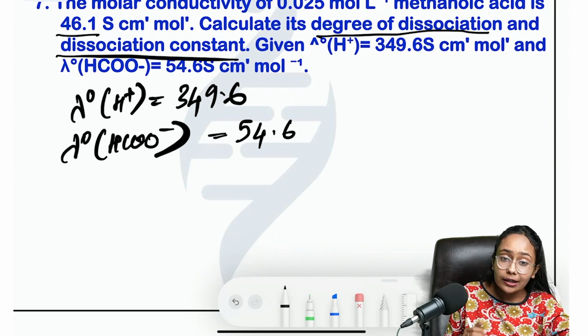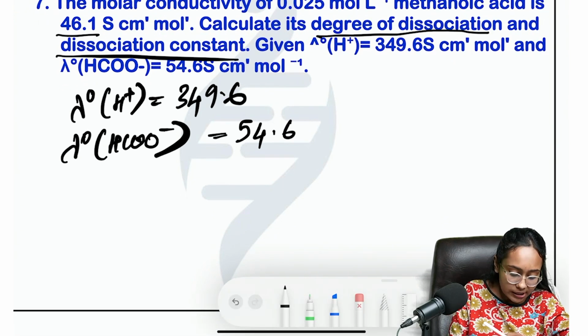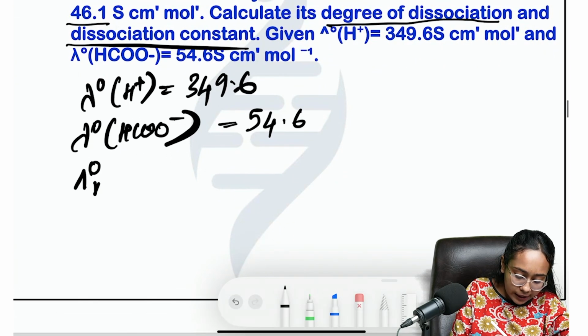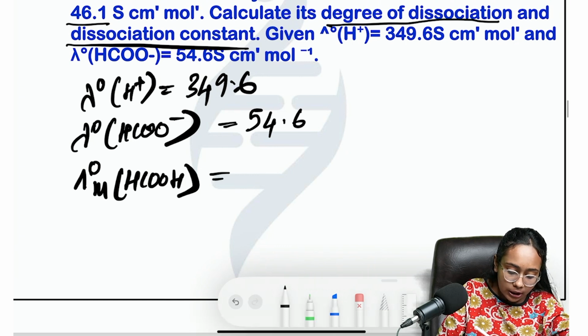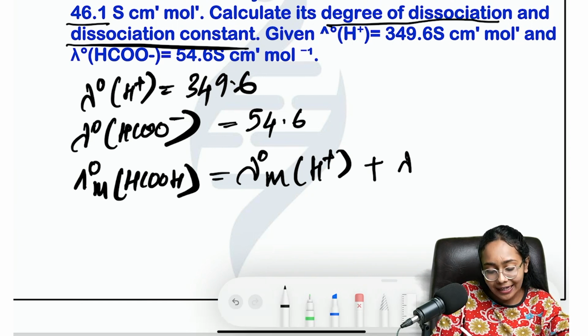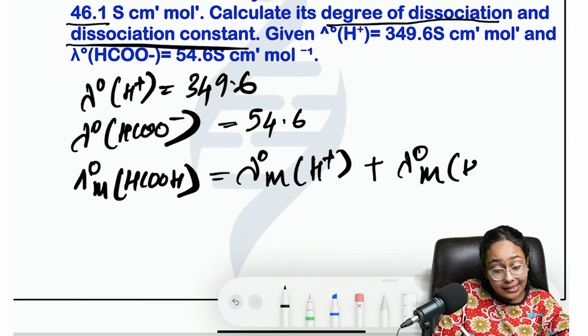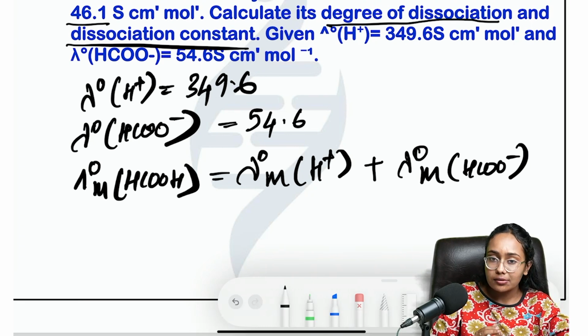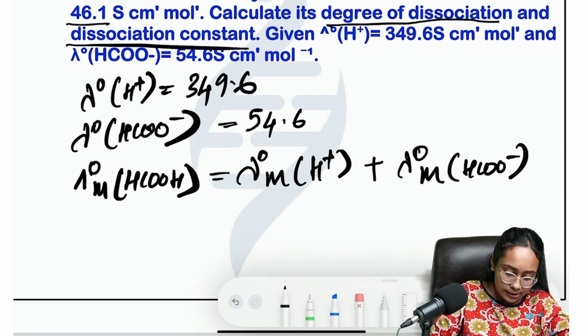From this, we can calculate the limiting molar conductivity of methanoic acid. The limiting molar conductivity of HCOOH, that is the methanoic acid, is equal to limiting molar conductivity of H plus plus limiting molar conductivity of HCOO minus.